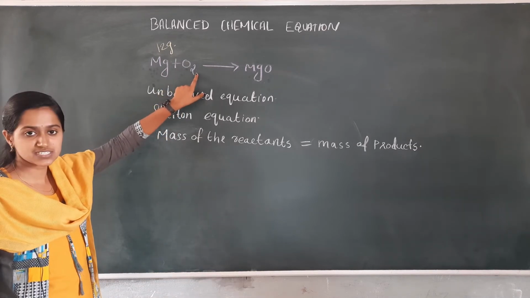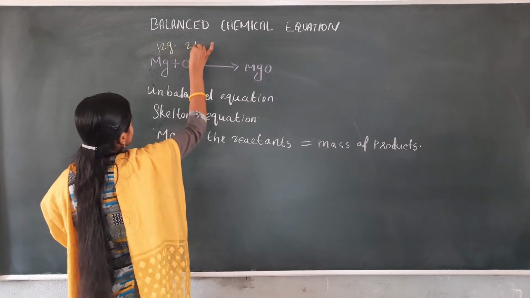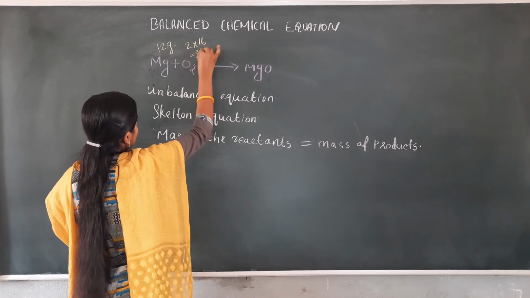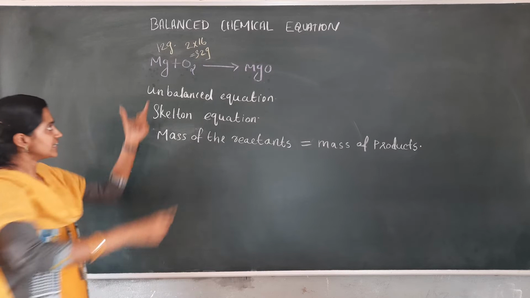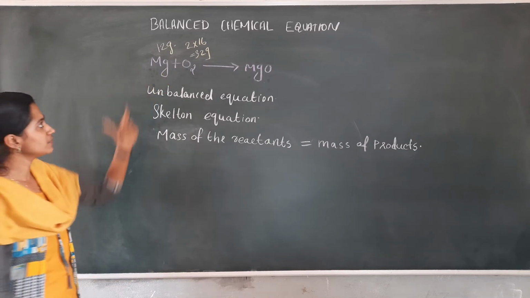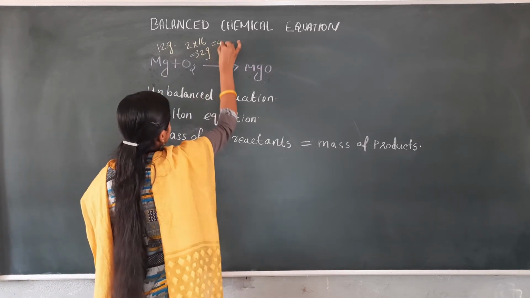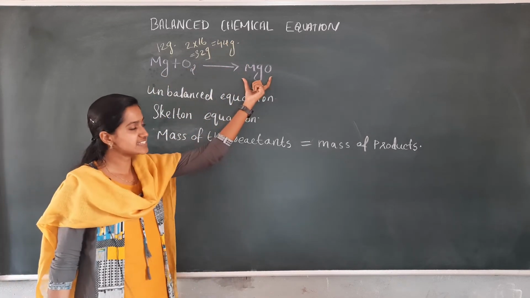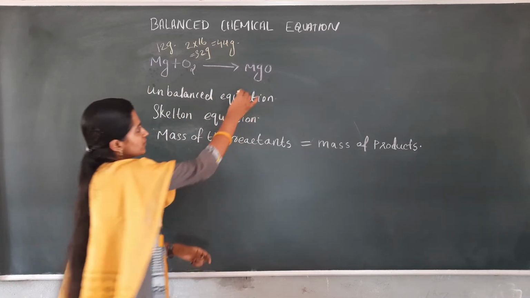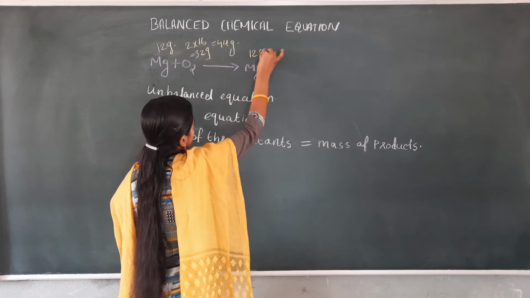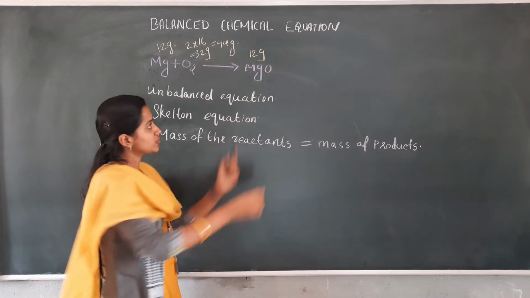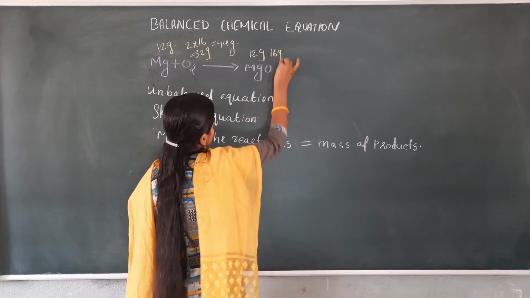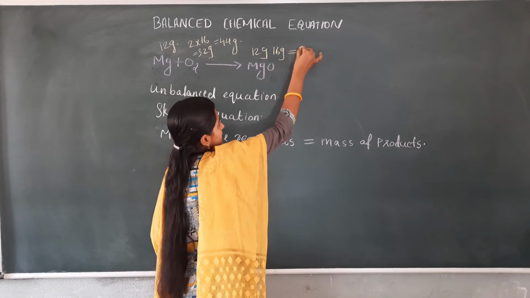Here 2 oxygen atoms are there, so the total is 2 into 16, 32 gram. So all over, on the reactant side, the total mass is equal to 44 gram. Similarly, on the right hand side of this equation, 1 magnesium contributes 12 gram and 1 oxygen contributes 16 gram. So here the total is 28 gram.